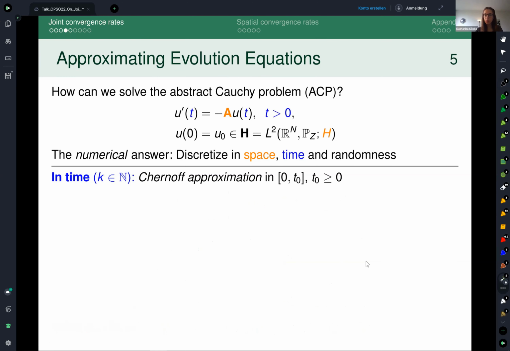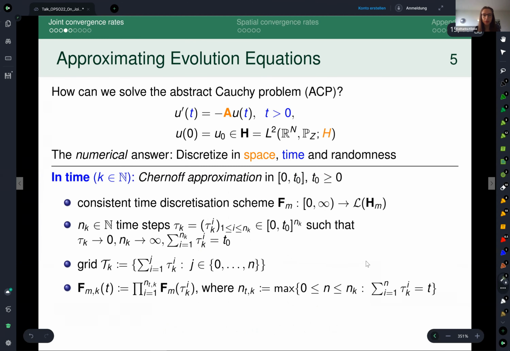Next up is the temporal discretization. Here we perform a chain of approximation in a fixed time interval. So let's say we have some final time t0. And we do so by subsequently applying a consistent time discretization scheme, bold F_m, which maps between the same spaces as the approximating semigroups T_m. And successively, I mean that we apply it n_k times. We allow for different time steps.